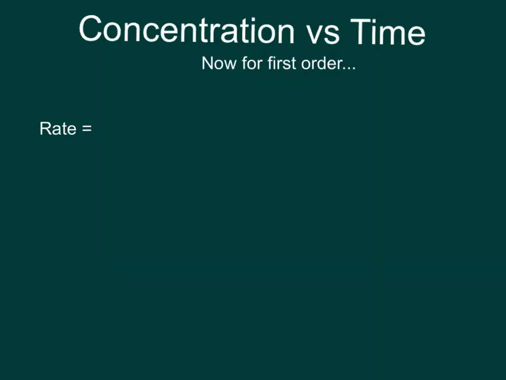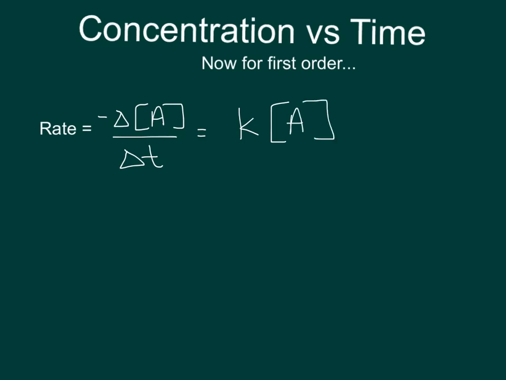If we repeat this exercise for a reaction known to be first order with respect to A, we'll get that rate is equal to the negative change in concentration of A over change in time, which is also equal to k, the rate constant, times the concentration of A to the first power.